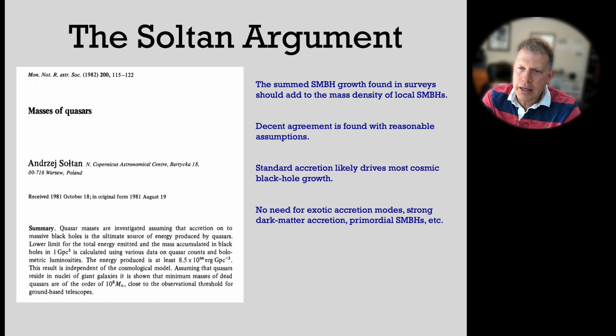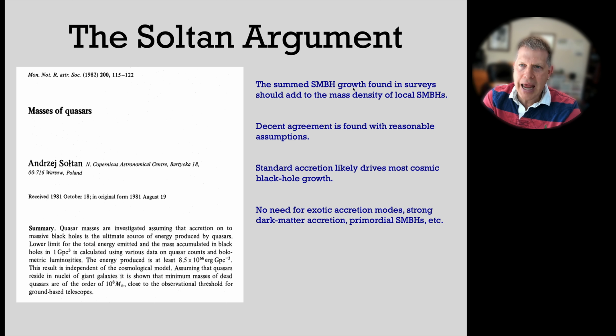You don't have a need for strong accretion of dark matter that doesn't produce radiation. That's not required to generate the supermassive black holes. You don't need to have massive primordial black holes, primordial supermassive black holes, that is, to explain the black hole mass density.